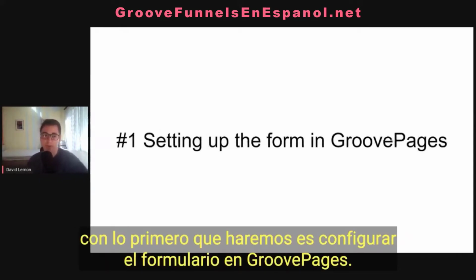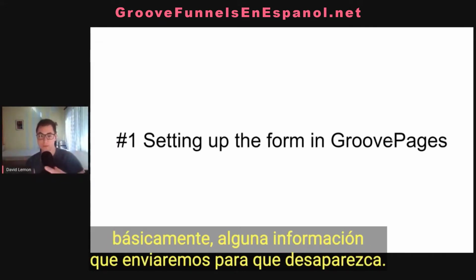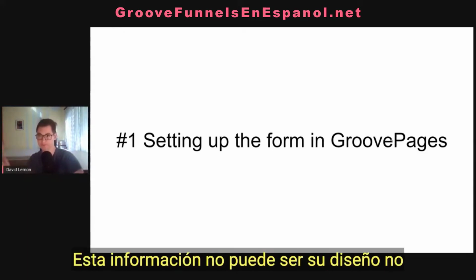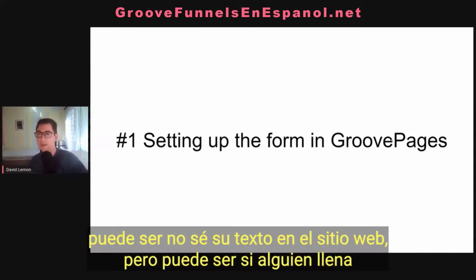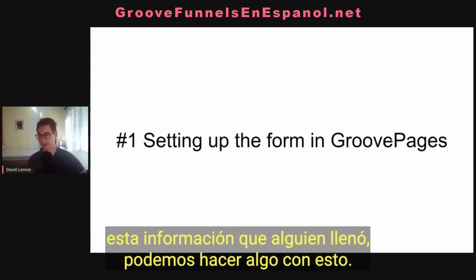So the first thing we will be doing is setting up the form in GroovePages. In order to make the connection work, we need to set up some information that we will be sending over to Zapier. This information cannot be your design or your text on the website, but it can be what somebody fills out in a form or a contact form on your site.